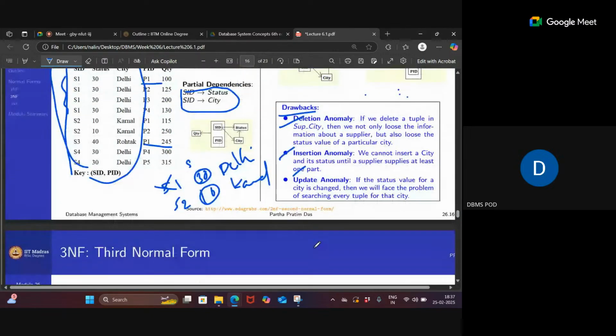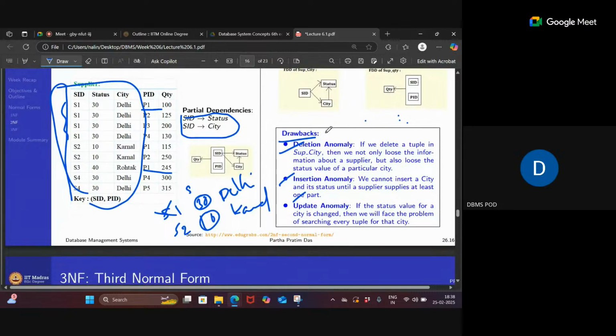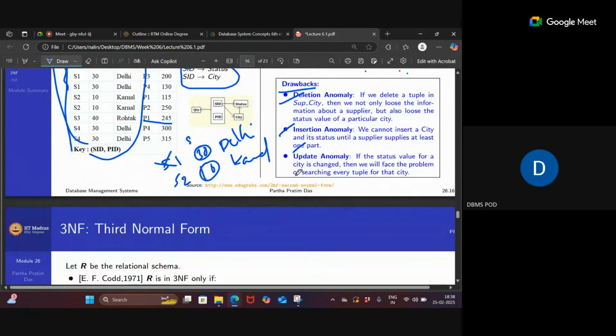So 2NF also has redundancy and some anomalies, like the deletion anomaly here. But 2NF decomposition is always a lossless join decomposition, and it also preserves the dependencies.